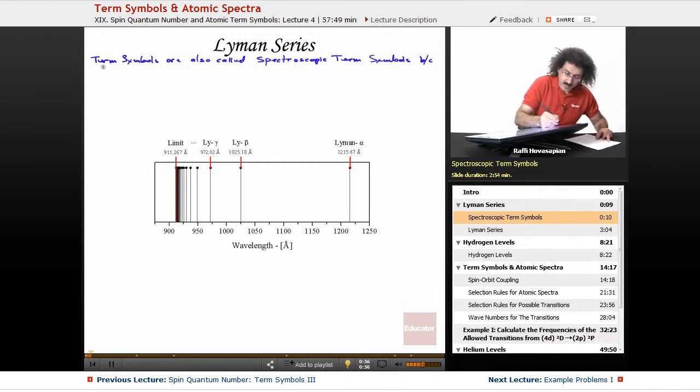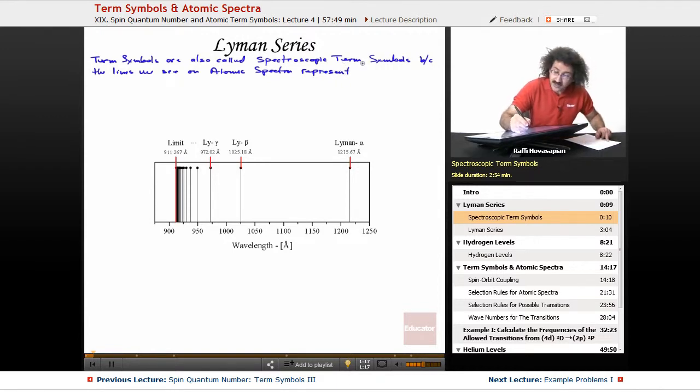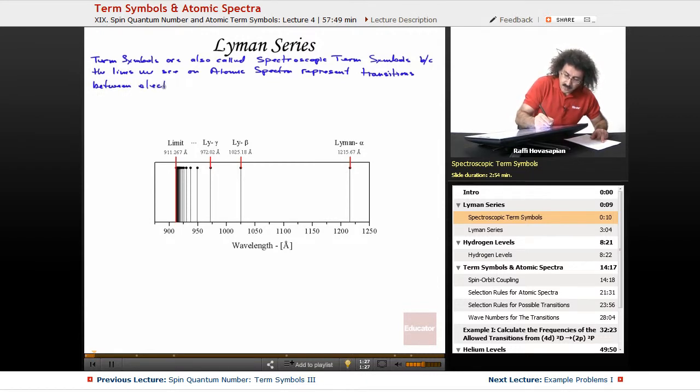Because the lines we see on atomic spectra, like the one that you see below, which we'll talk about in just a minute, represent transitions between electronic states.